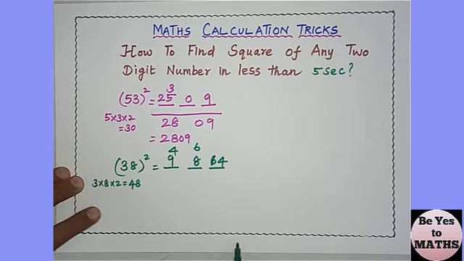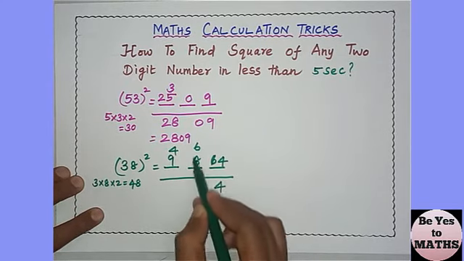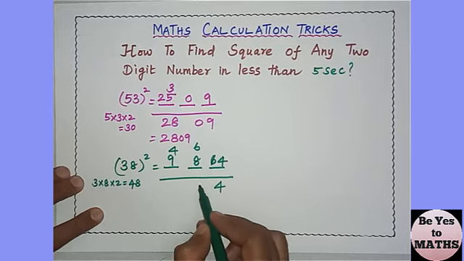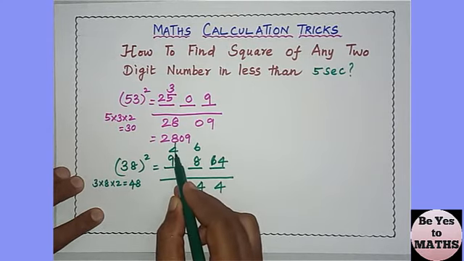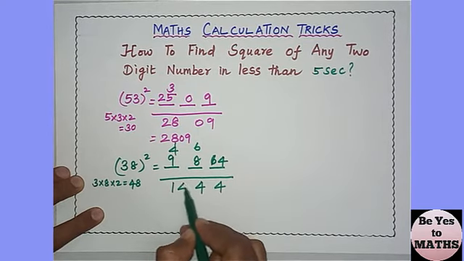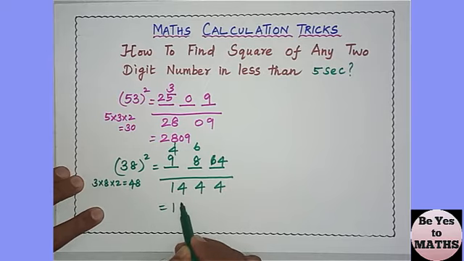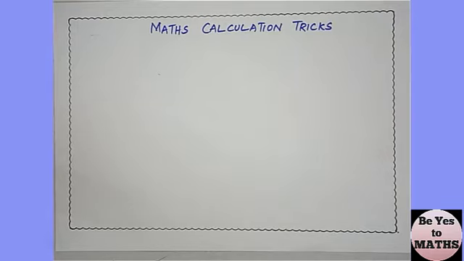Sum of this whole thing is the answer. 4, 6 plus 8, 14. 1 again carry here. So 1 plus 4, 5. 5 plus 9, 14. So the answer is 1444. Now we'll go to the third example with 67 square.